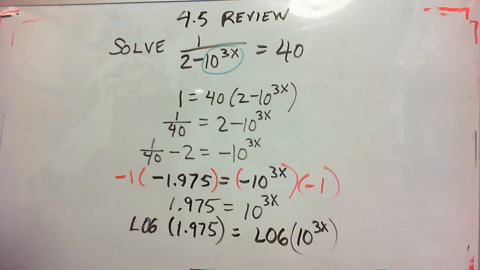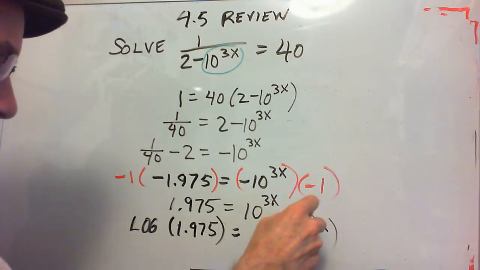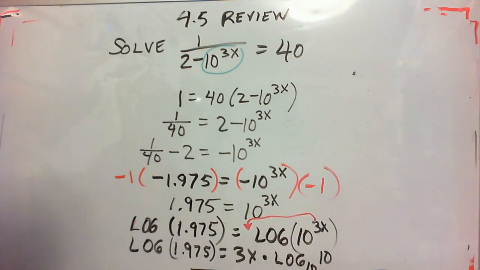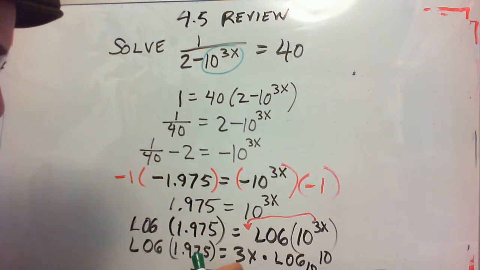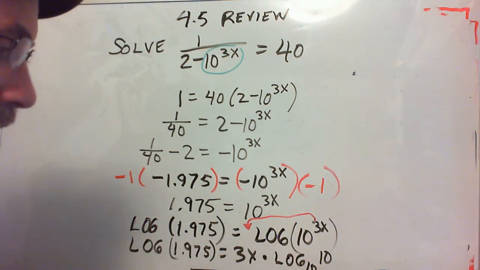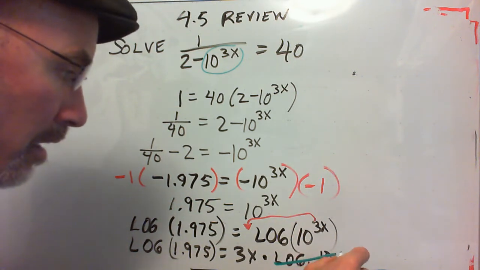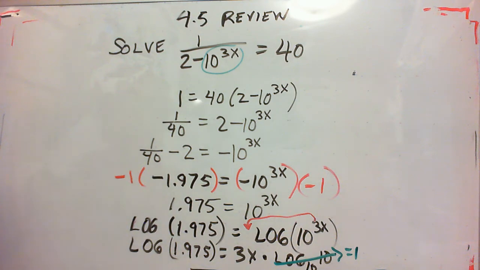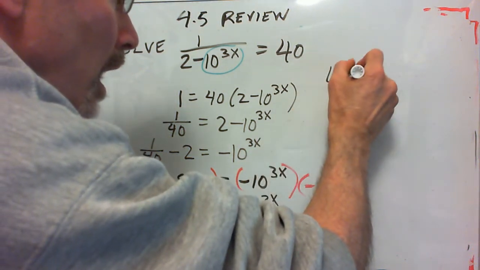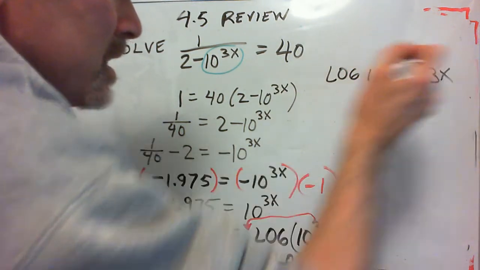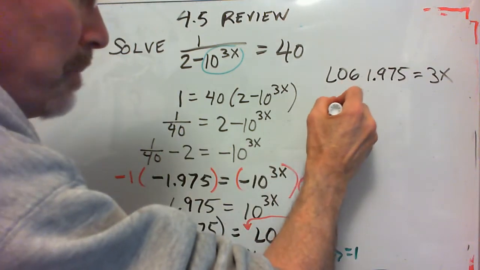And now remember, the exponent rule allows you to move that 3x out in front. Now when we do that, we get log of 1.975 equals 3x times the base 10 log of 10. That was one of your properties. Base a log of a equals 1. So what you get is log of 1.975 equals 3x.